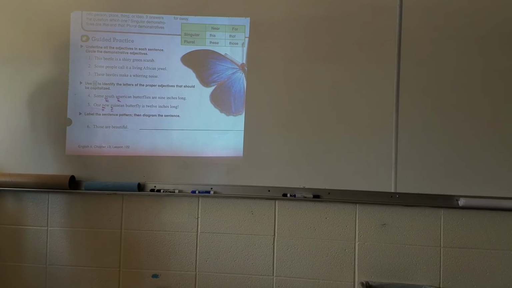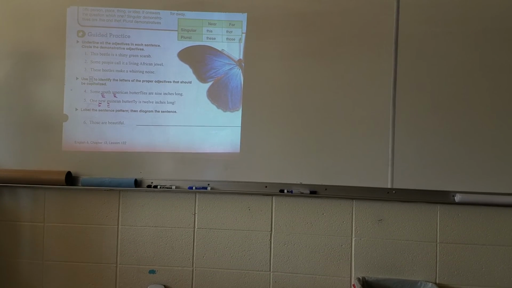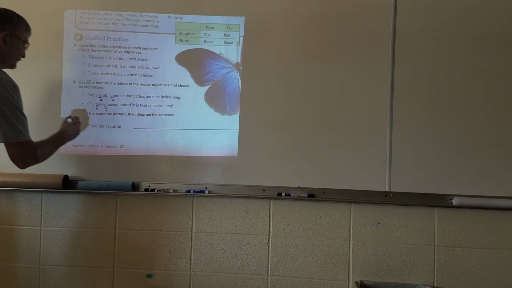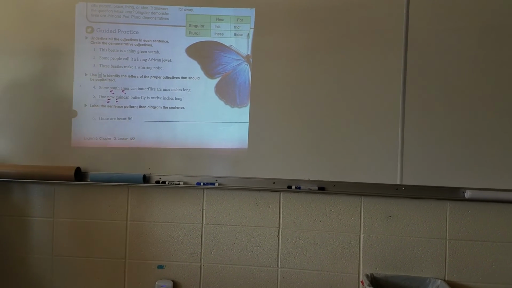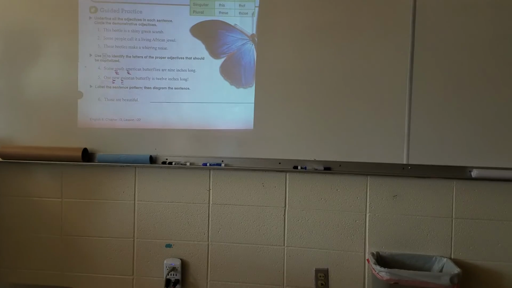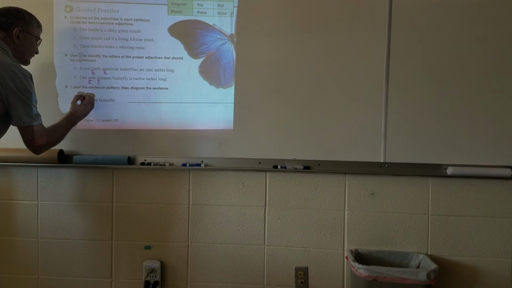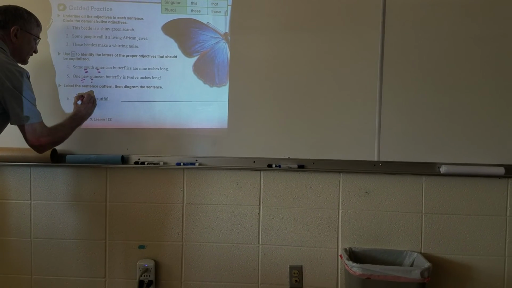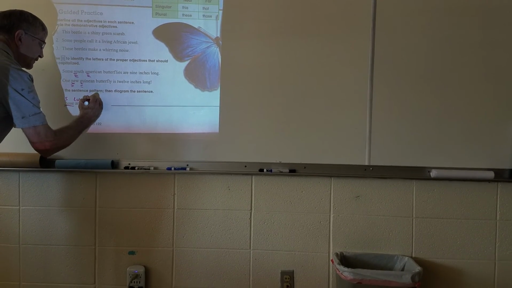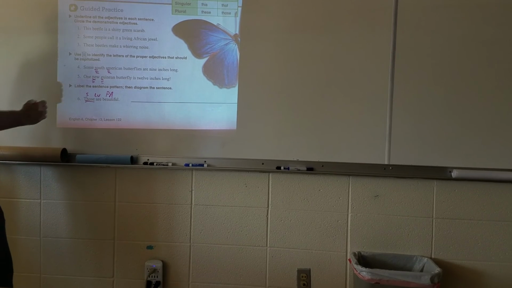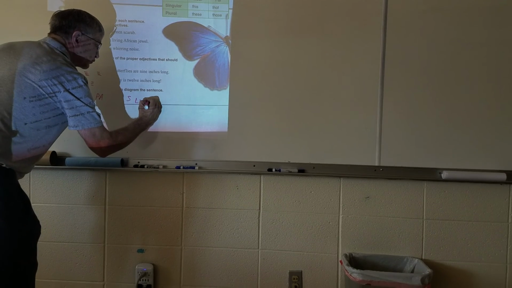Label the sentence pattern, then diagram the sentence. We have the subject, those. Those are beautiful. So we have the subject, a linking verb, and then a predicate adjective: subject, LV, predicate adjective.